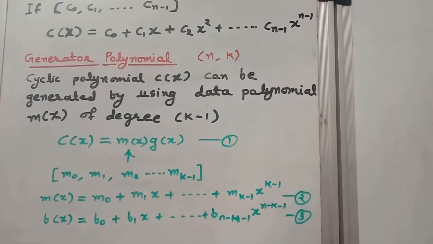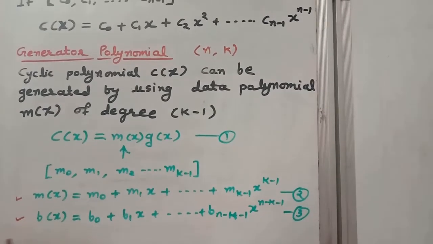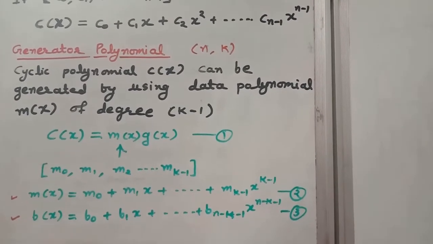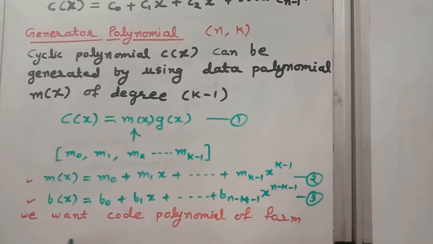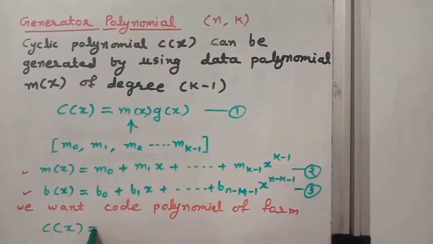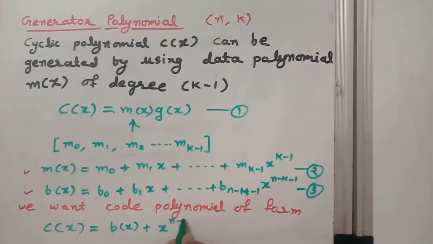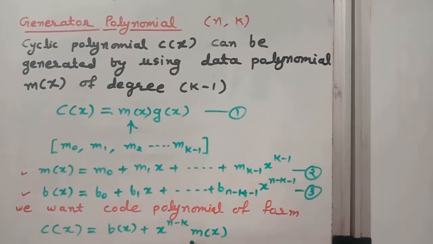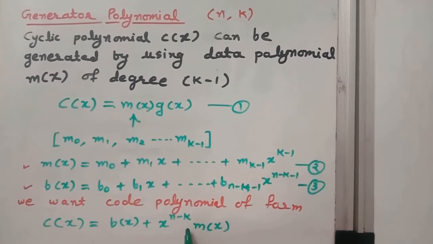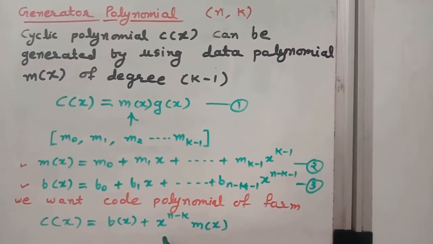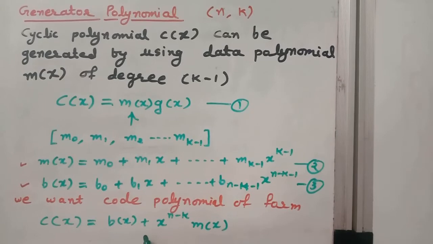Now from this message polynomial and parity bits polynomial, we want the code polynomial, our cyclic code polynomial, of the form c of x equal to b of x plus x raised to power n minus k into m of x, where m of x is the message polynomial, x raised to power n minus k is the variable of this polynomial equation, and b of x is the parity bits or check bit polynomial.